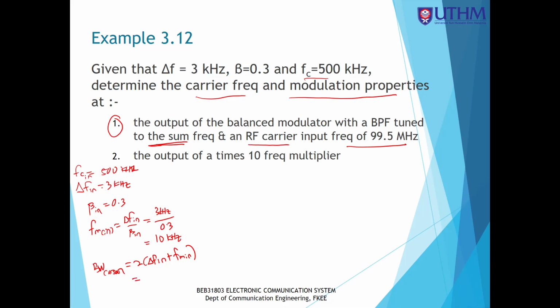Delta F is 3 plus Fm of 10, so 3 plus 10 is 13. Fm is 10 kilohertz. So 13 times 2 is 26 kilohertz. So this is the bandwidth in.